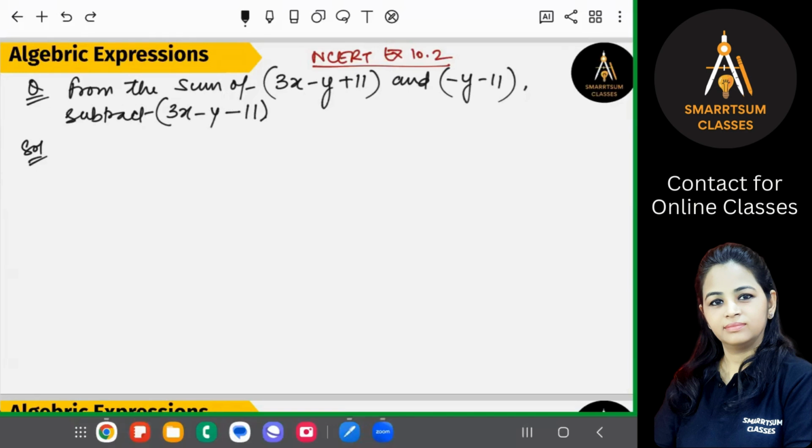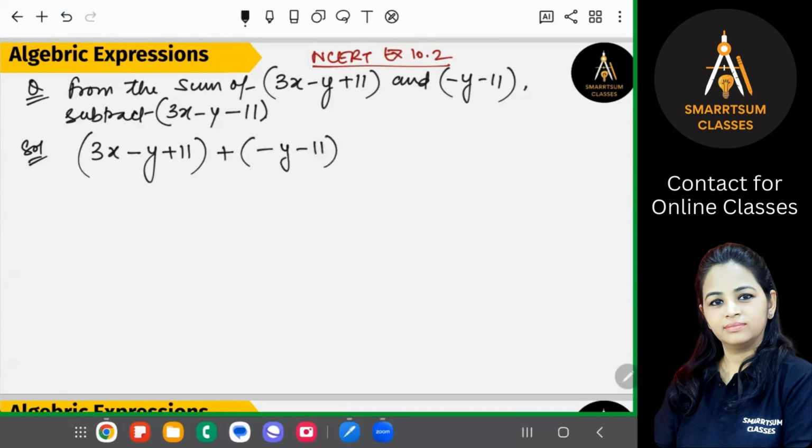So what we will do, we will first write down everything here in mathematical expression form. We have to subtract this one from the sum of first and second. So first we will write down the sum of the first and second expression: 3x minus y plus 11, first expression, plus minus y minus 11, second expression.